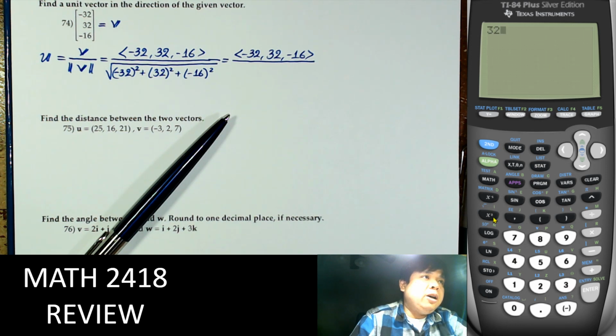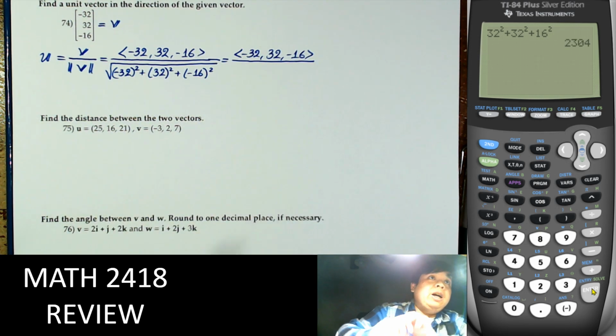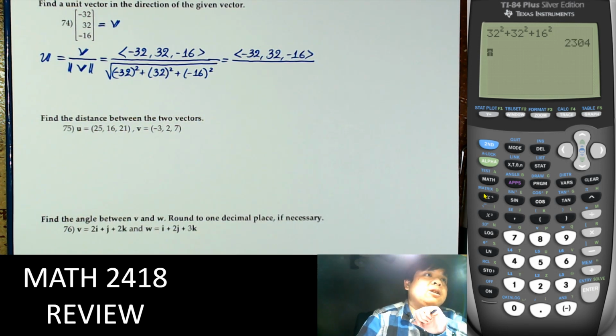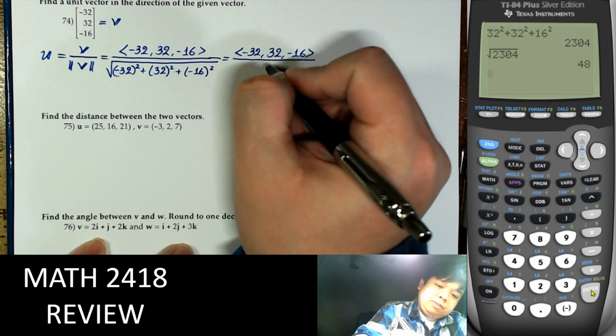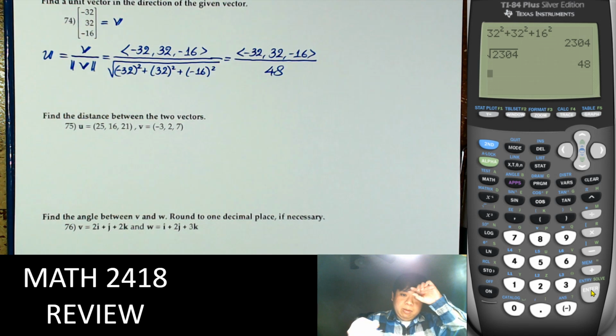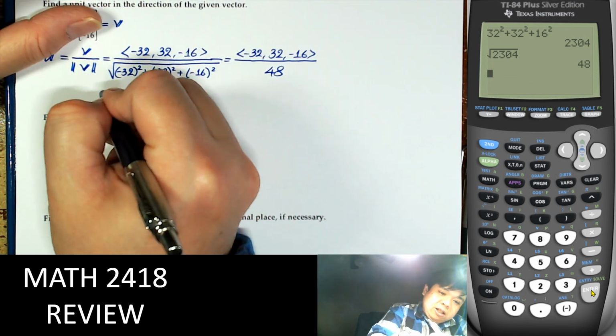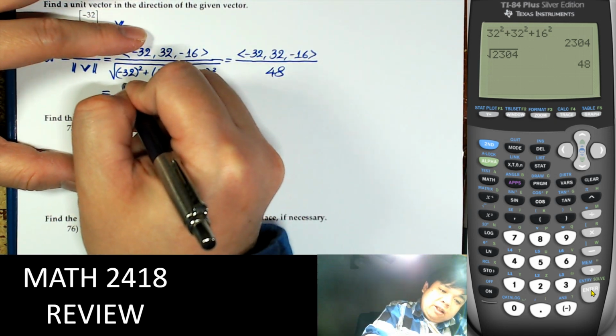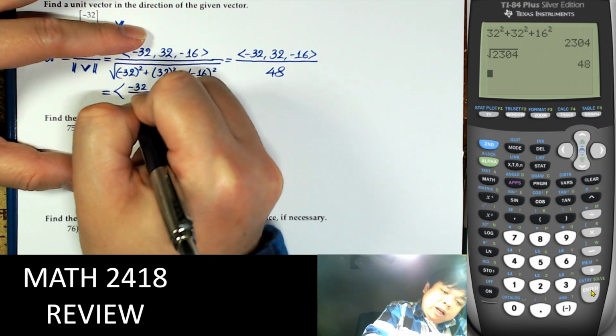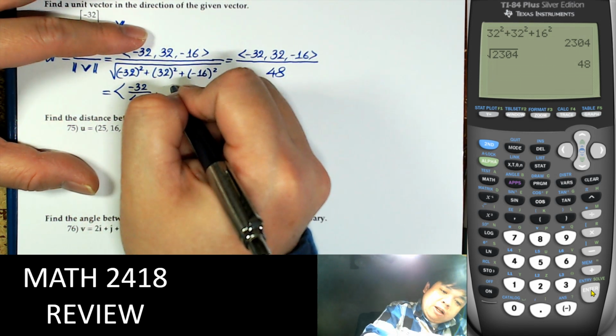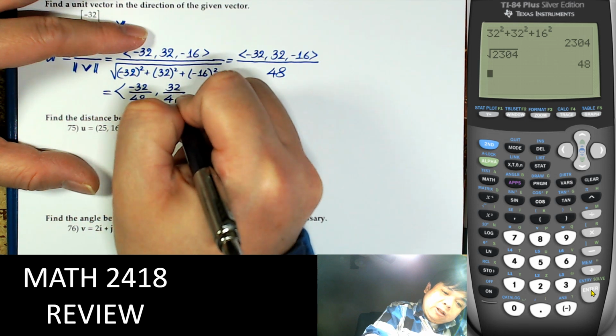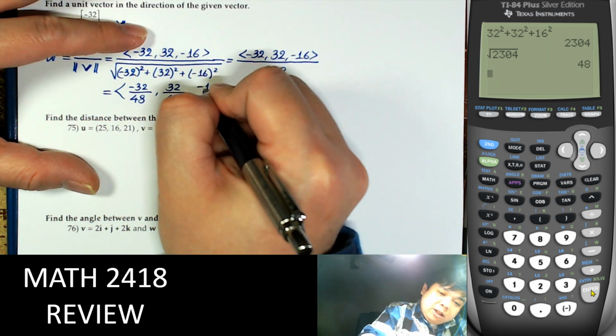32 squared plus 32 squared plus 16 squared is 2304, and the square root of that is 48. Right. That's simple enough. We just split and we have negative 32 over 48, 32 over 48, negative 16 over 48.